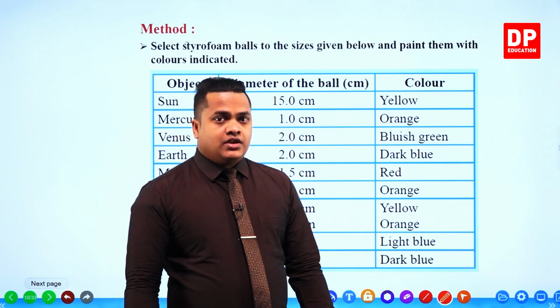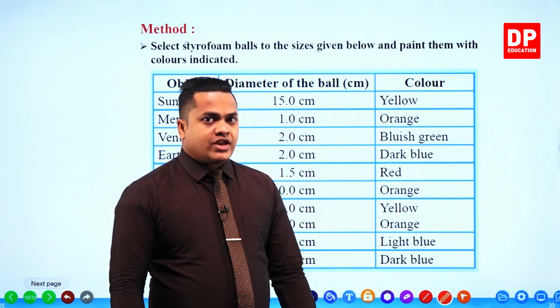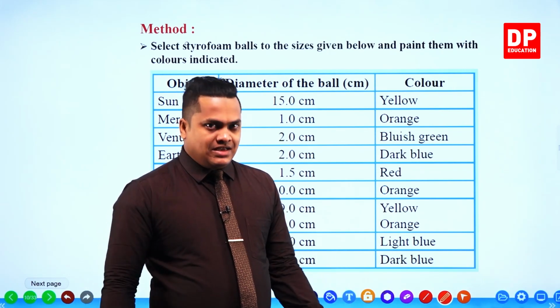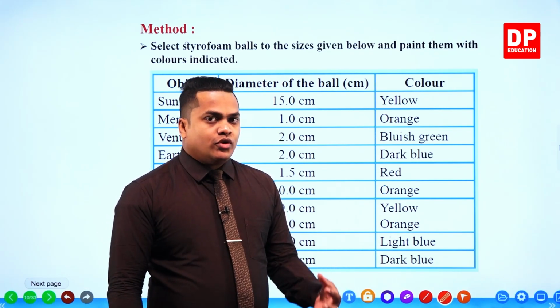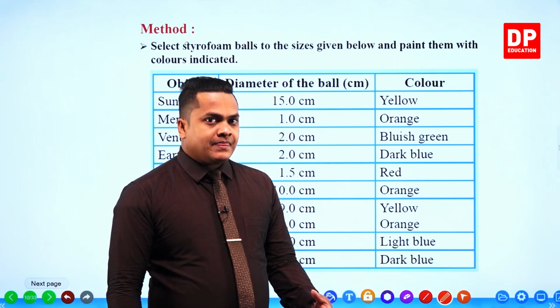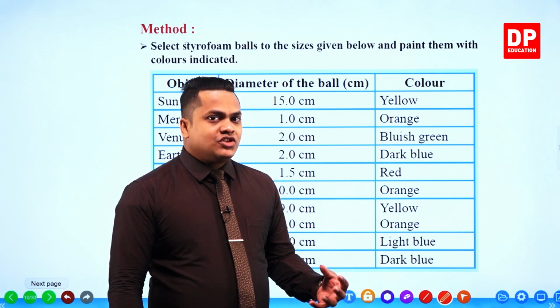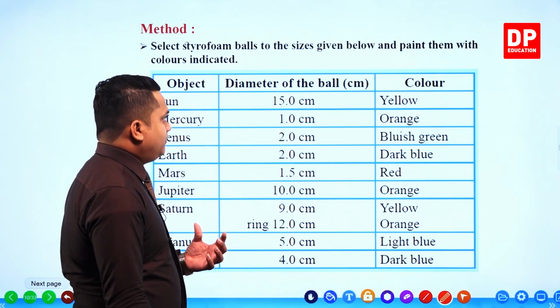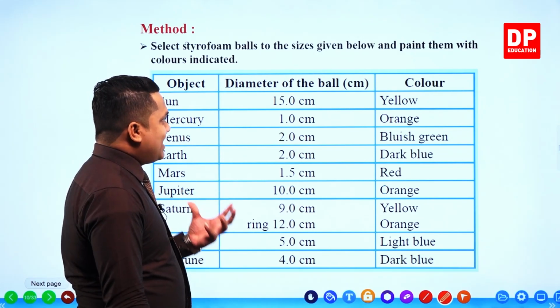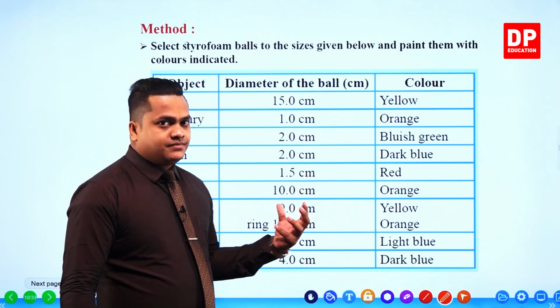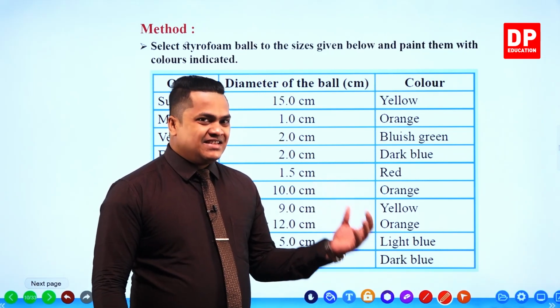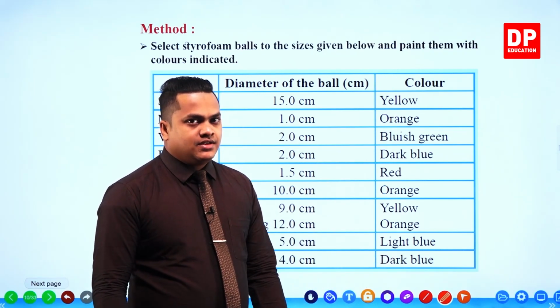I told you that instead of rigiform balls, you can use any material. It's not going to be a problem. But remember, their sizes should be like this. Sizes means the diameter of the ball should be at least nearly like this.